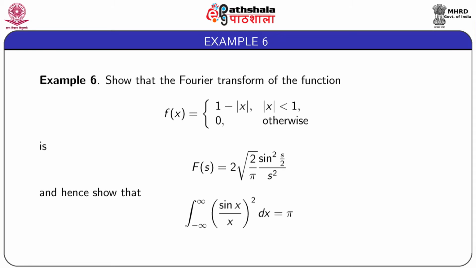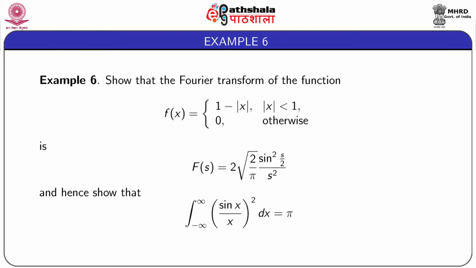So far we have considered 5 examples where we have learned how to obtain Fourier transform of functions. In the next 2 examples, these are interesting examples. Here we will find out Fourier transform of some simple functions. We come to example 6.